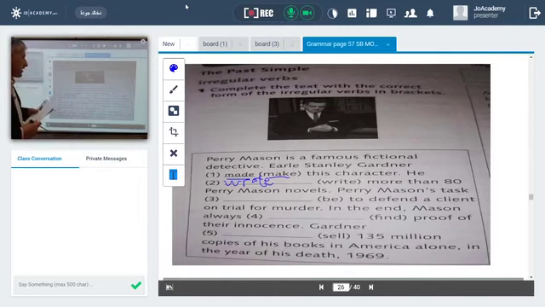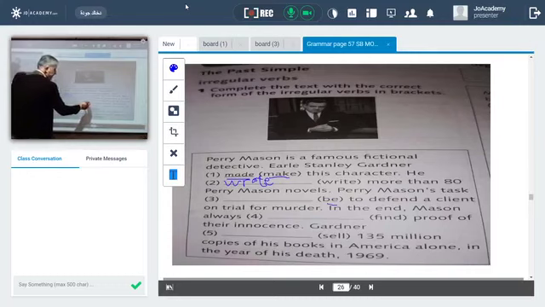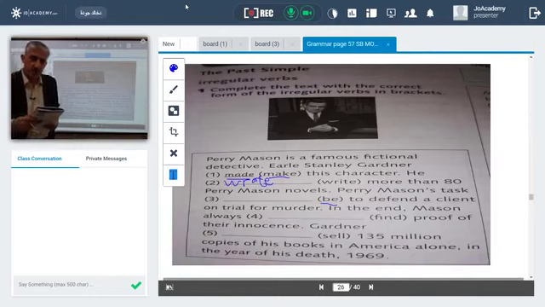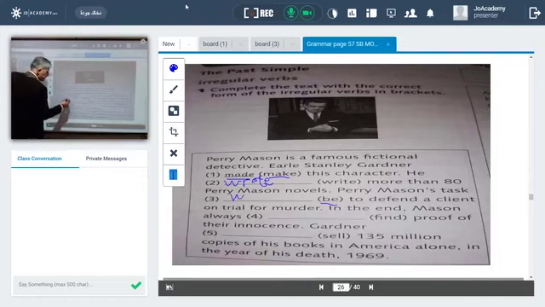He wrote more than 80 Perry Mason novels. Perry Mason's task, and here we have B. B, if I want to make it past and the subject is singular, I will use what? I will use was. So here I will say was.